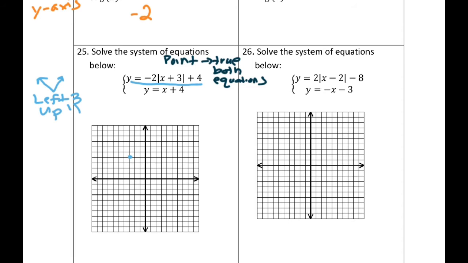Now, my -2 means that the slope of each of my lines is going to be -2. So I'm going to go down 2 and over 1 in both directions. So down 2 over 1. And then it's a V, so these are straight lines. Down 2 over 1. And we just continue this pattern.